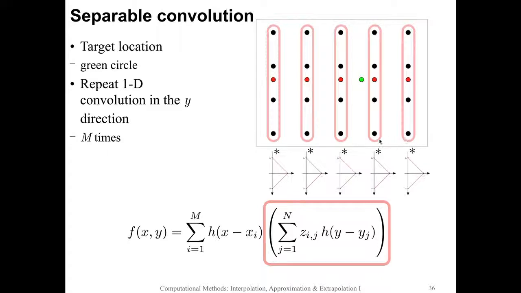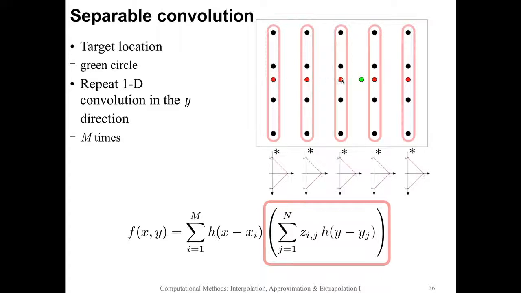And those separate red rectangles here are representing this part of our convolution function, because each one of these is carried out for a different value of i. Each value of i corresponds to one of these columns. Is that correct? Yes.